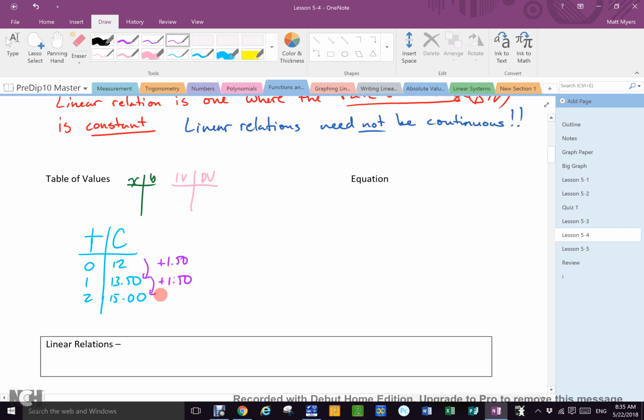How long can I do that for? Till I run out of toppings. A lot of 1.50s, right? Now, you people understand math. What is the shortcut to doing plus 1.50, plus 1.50, plus 1.50, plus 1.50?